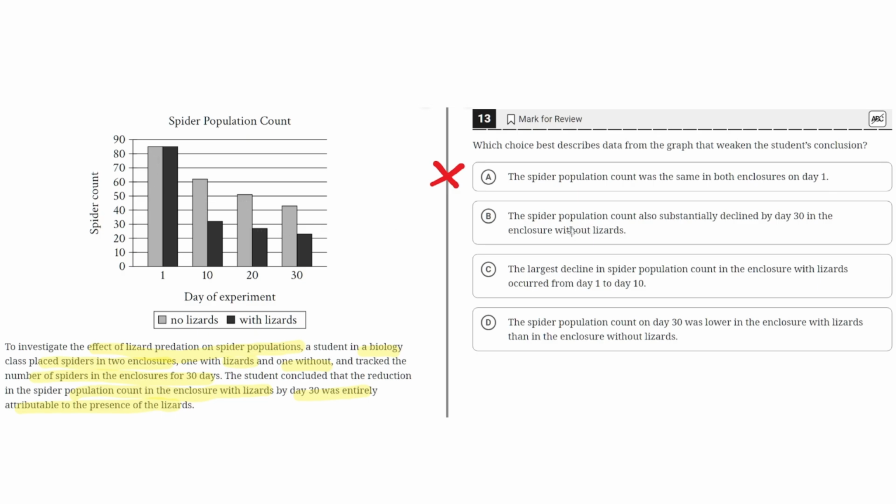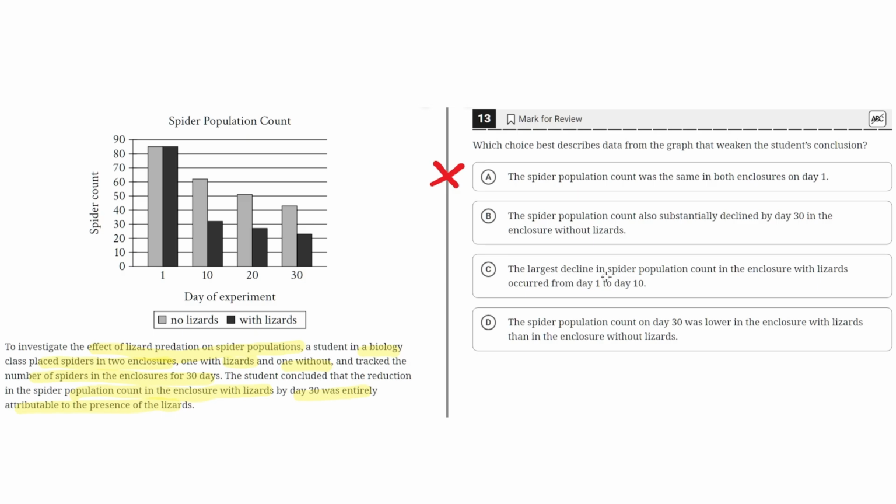So it is true that the spider population count substantially declined by day 30 in the enclosure without lizards, and this would disprove the student's claim that the decline in the spider population in the enclosure with lizards was entirely attributable to the presence of lizards, because in the enclosure without lizards, the spider population also decreased, so there's some natural decline in spider population, which means that it isn't entirely due to the lizards that the spider population is declining. So B seems to be the correct answer.